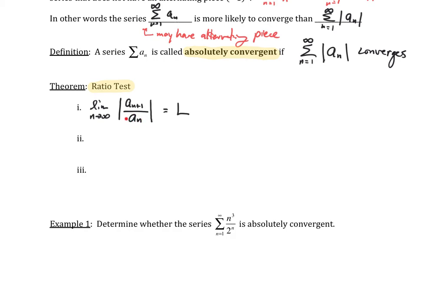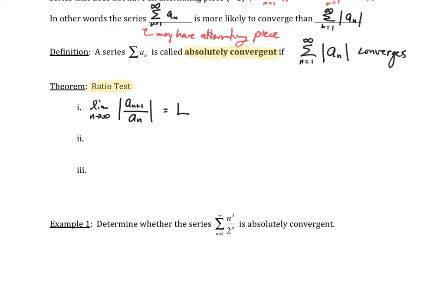This denominator here is the general term. This numerator is the term that's immediately after the general term, the next term. We take the ratio, and we want to take the absolute value so you don't worry about the sign. Then we take a limit, and we're hoping that limit is equal to a number.